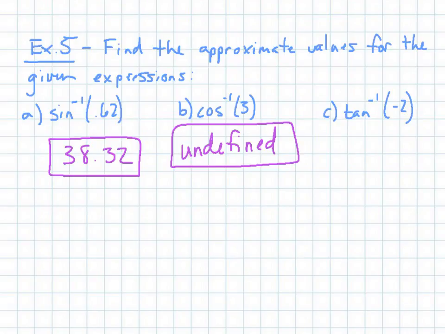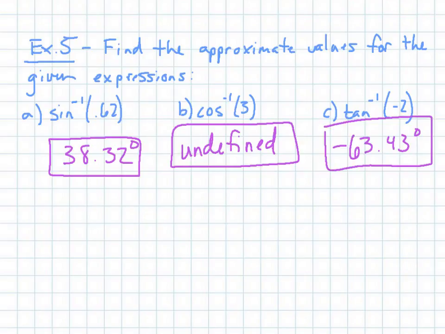So you would press second and the tangent button, which gives you the inverse tangent, and you plug in -2, and that would give you negative 63.43. And remember, these are answers in degrees. Okay? You're getting radian or degree answers out of these examples.